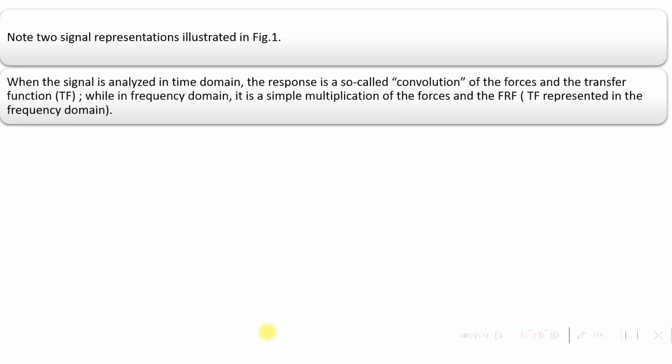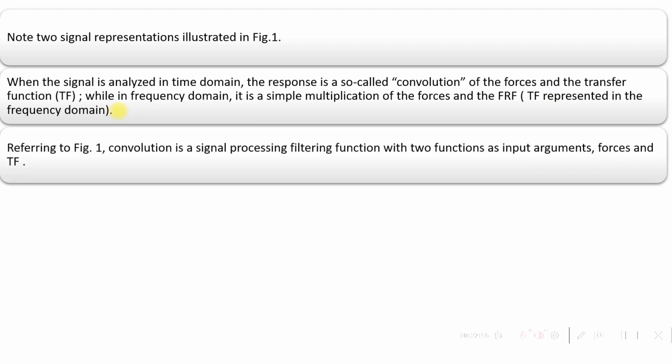When the signal is analyzed in time domain, the response is the so-called convolution of the force and the transfer function, while in frequency domain it is simple multiplication of the force and the FRF, that is TF represented in the frequency domain.